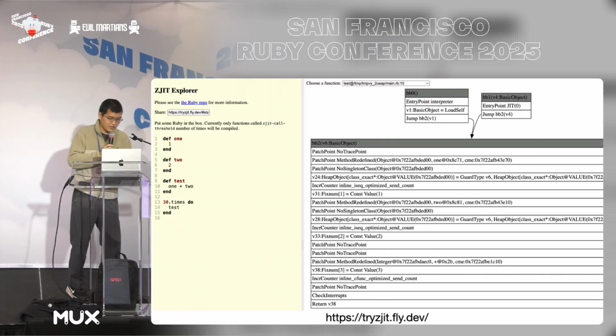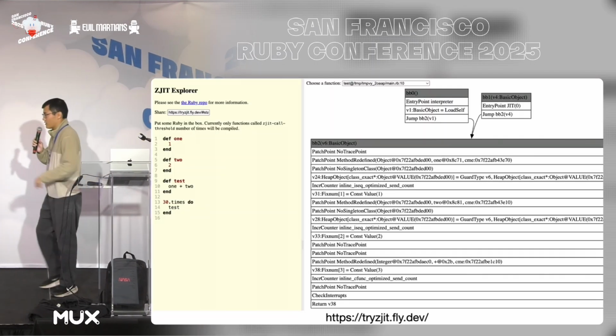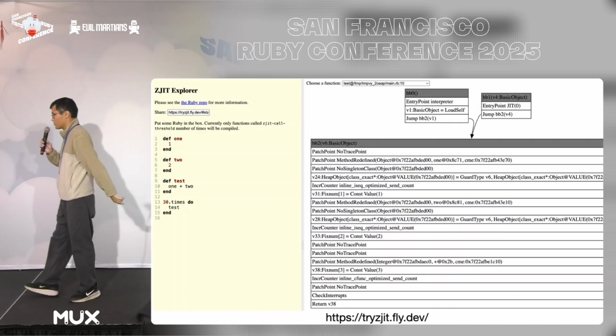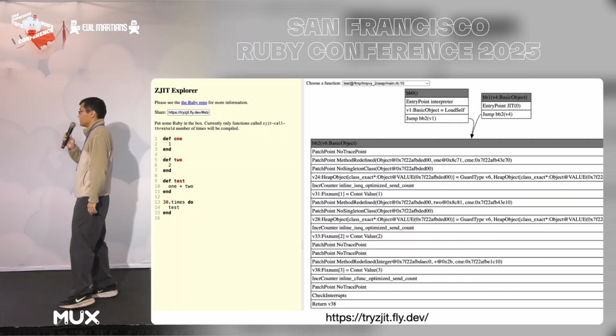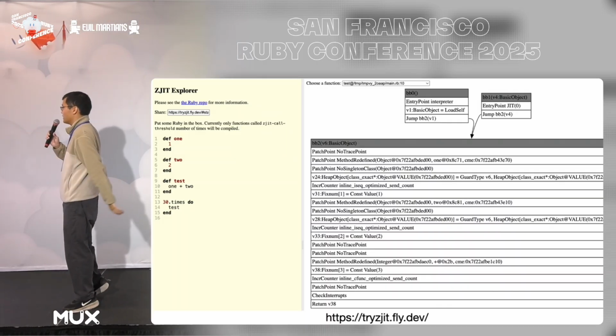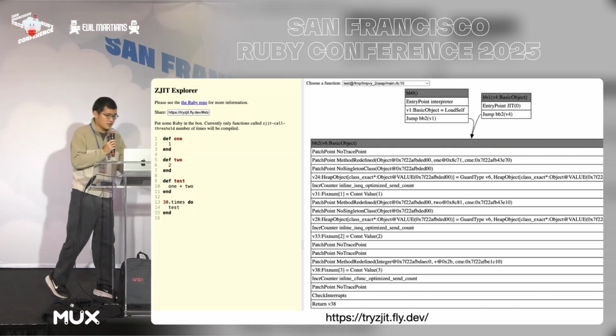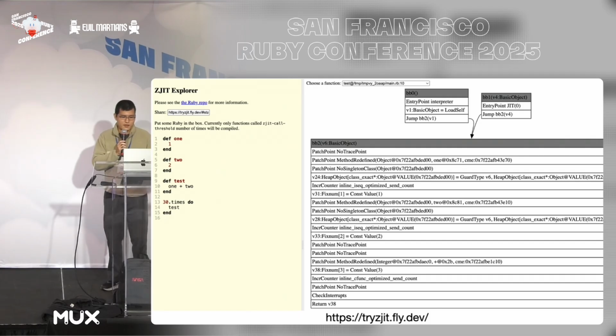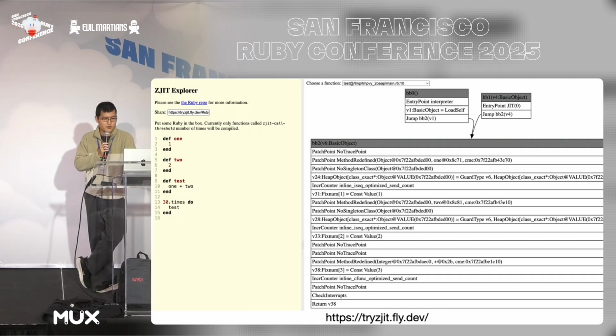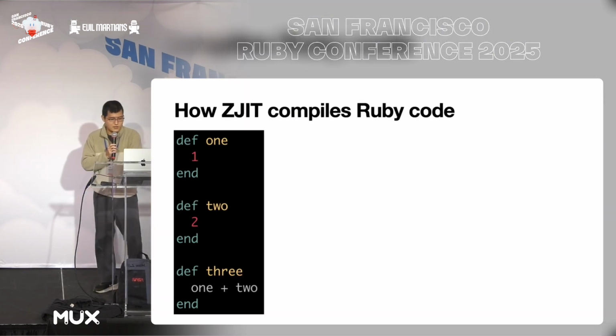Another interesting way to play with it is a website at the URL below called tryzjit.fly.dev, which is an interactive HIR visualizer. There's Ruby code shown on the left side, and the right side shows the HIR for the Ruby code.